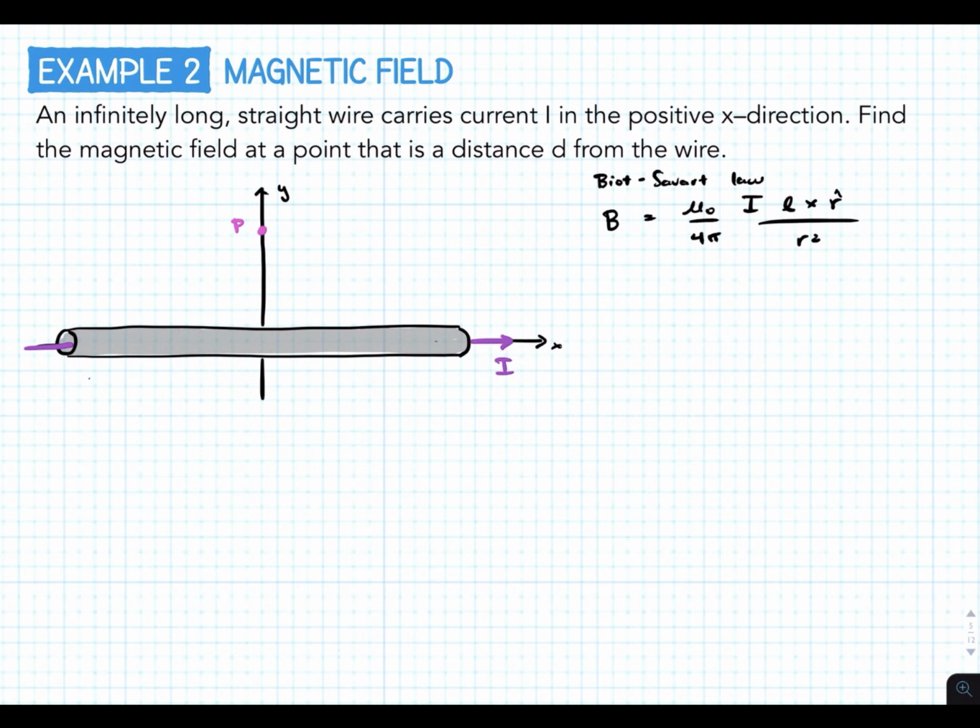If we want this to be the infinitesimal form, because we want to draw this out for each little point, we want dl dB.